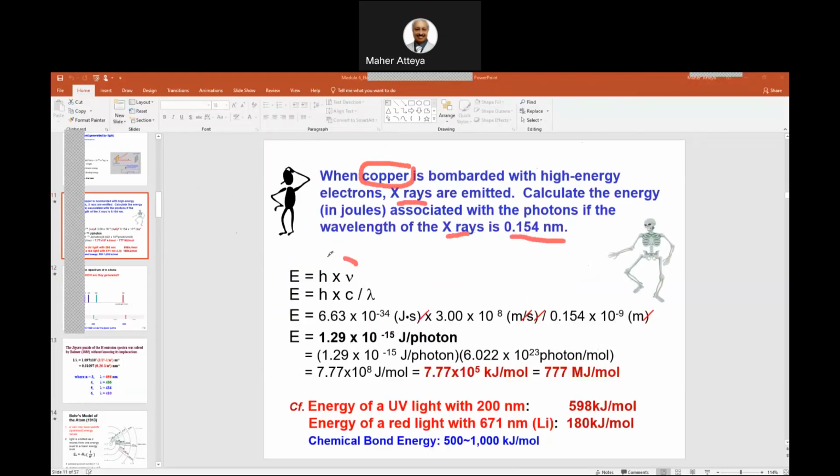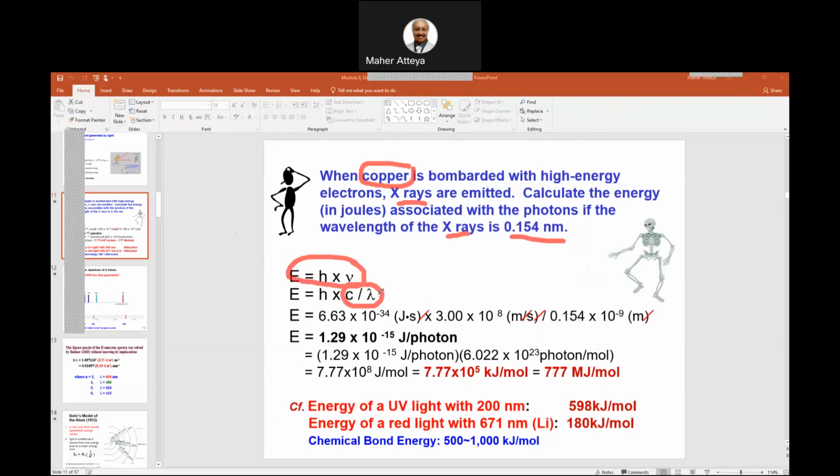Well, you know that the energy is the Planck constant multiplied by the frequency of light. Planck is a scientist who worked in this area for a long time. The frequency of light is the speed of light divided by its wavelength.